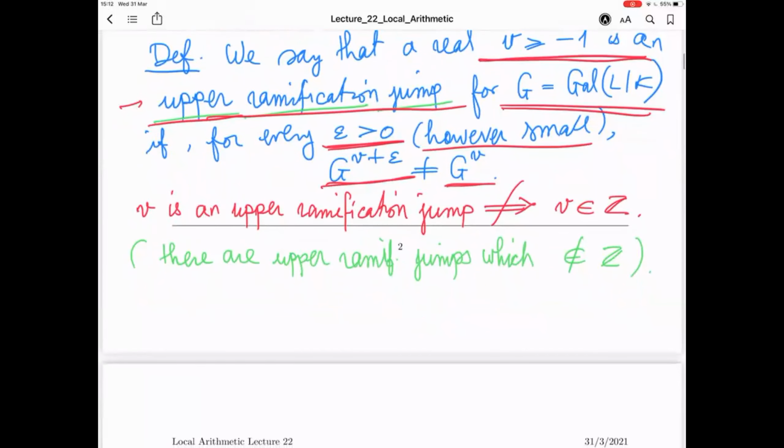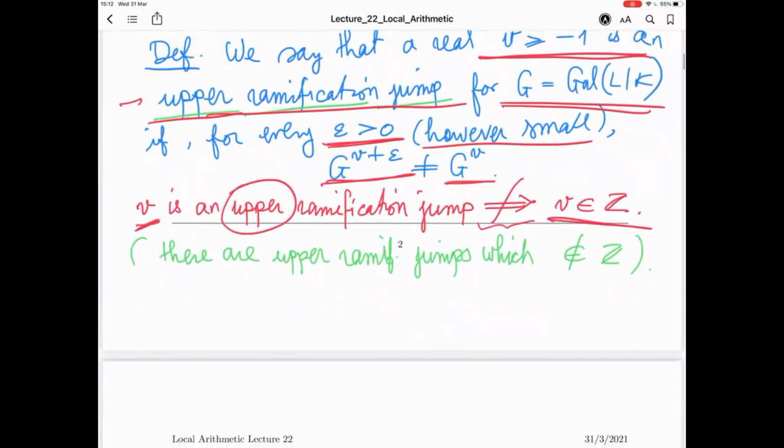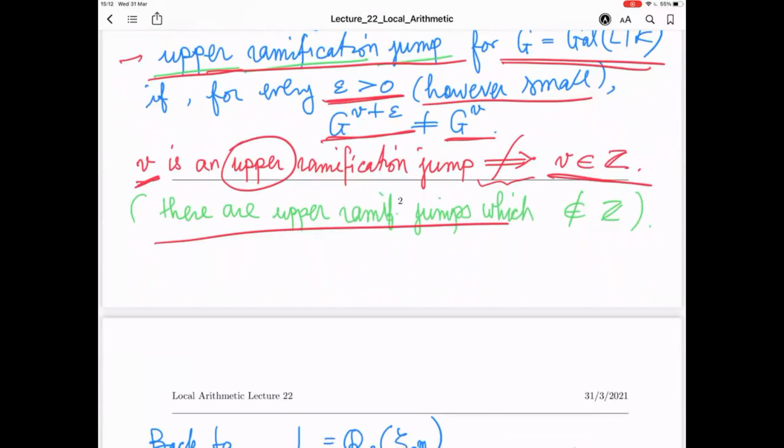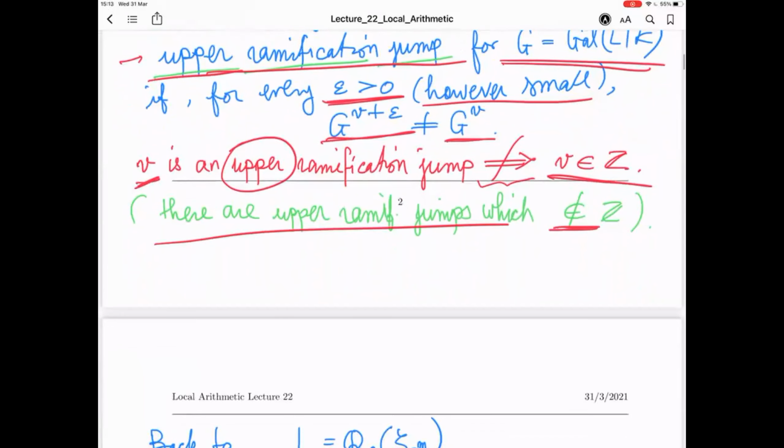So as in the case of lower ramification jumps, it does not follow that if v is an upper ramification jump, then v is an integer. Does not follow. So there are upper ramification jumps which are not integers.